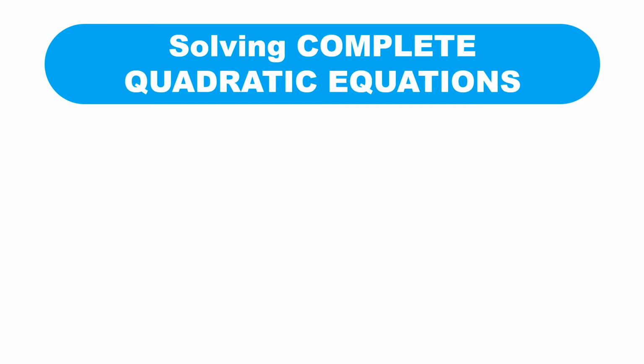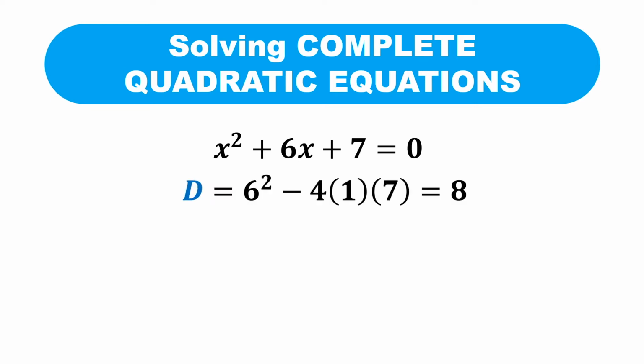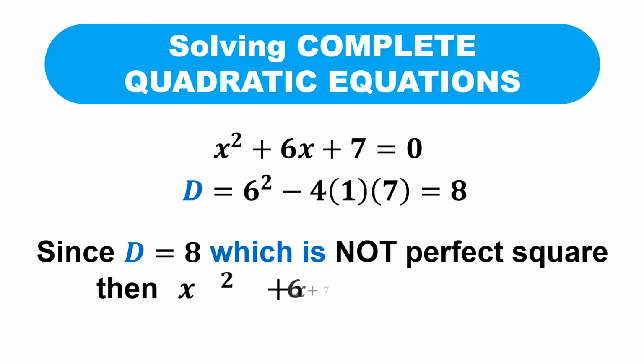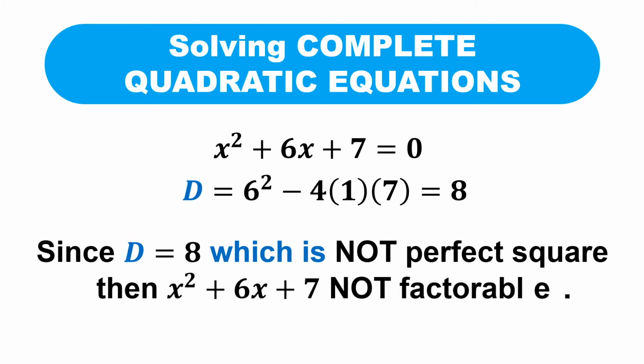For instance, in testing whether we can solve the quadratic equation x squared plus 6x plus 7 is equal to 0 by factoring, we compute for the value of D. Since D is equal to 8, which is not a perfect square, the equation x squared plus 6x plus 7 is equal to 0 cannot be solved by factoring.